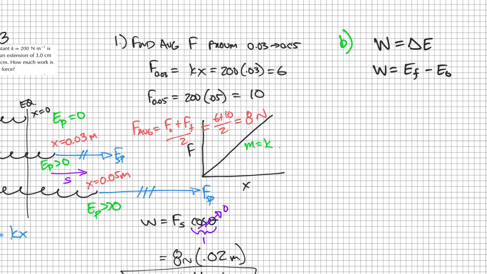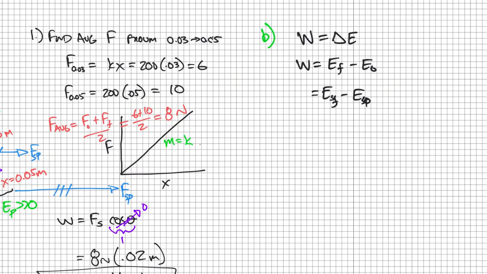Anytime I have a change, delta, that's final minus initial. So this would be the energy of the spring final minus the energy of the spring initial. That would be 1/2 K delta X squared final minus 1/2 K delta X squared initial.